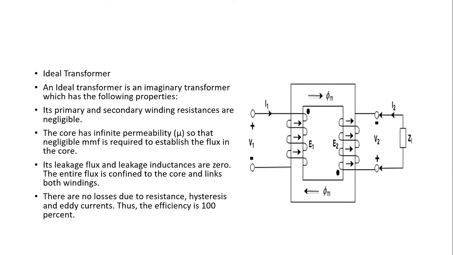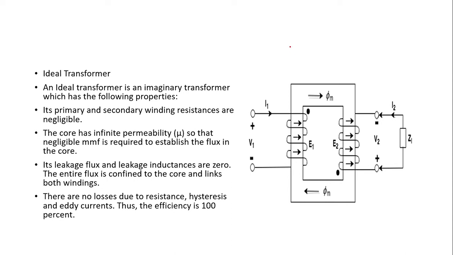Now let's come to the ideal transformer. An ideal transformer is nothing but a transformer without any losses, right? So this transformer has got no losses. There is a particular direction of the magnetic field, or the direction of phi m, the flux.